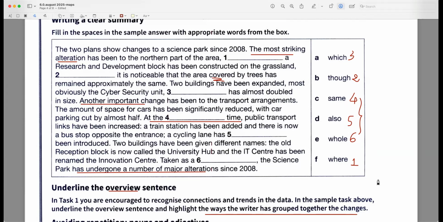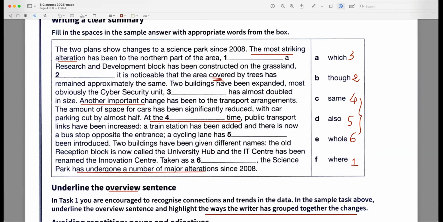Usually the overview sentence would be after the introduction or at the end of the essay. For this case, the writer put the overview sentence at the end of the essay. Okay, great. It's not a big deal, but now we have to find out the ways the writer has grouped together the changes. That's more important.